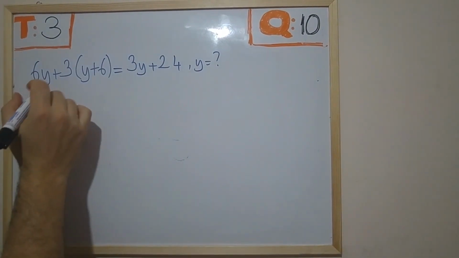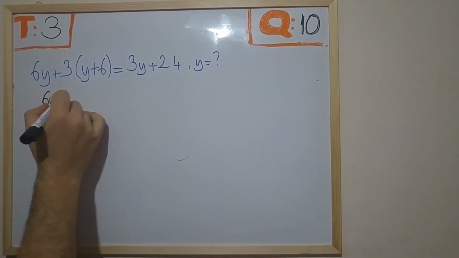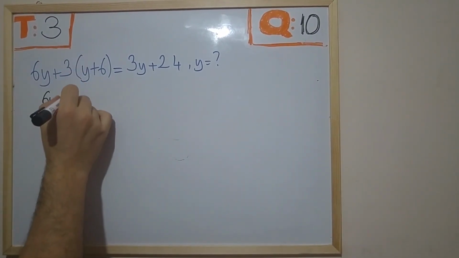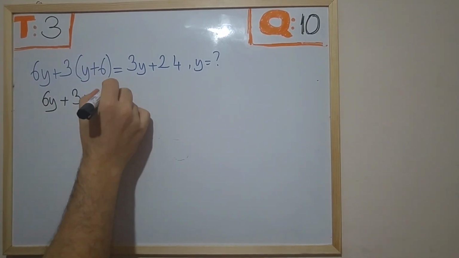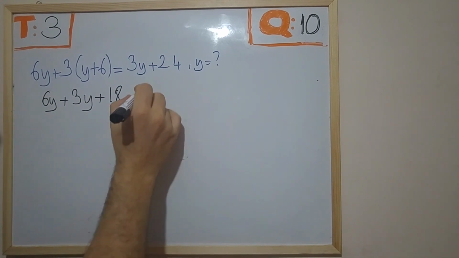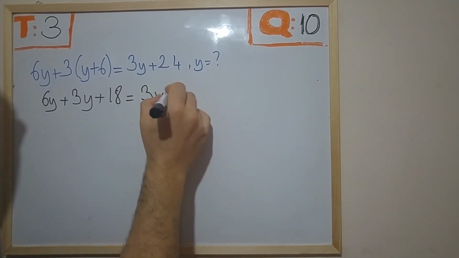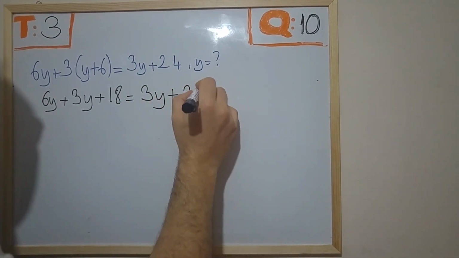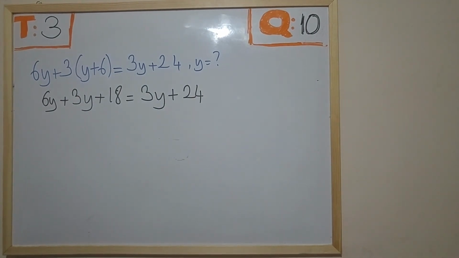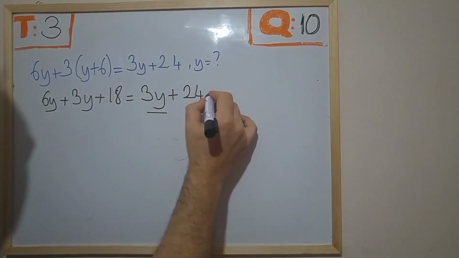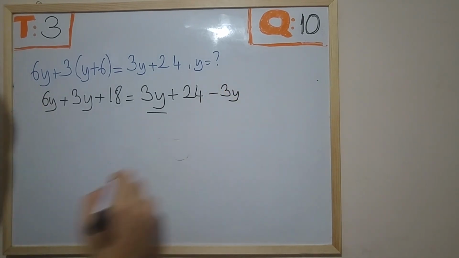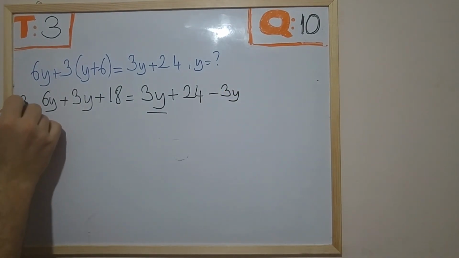Let's expand the parentheses again. 6y plus 3 times y, 3y, plus 3 times 6, 18, is equal to 3y plus 24. Now the next step, we should get rid of this 3y here by subtracting 3y from each side.